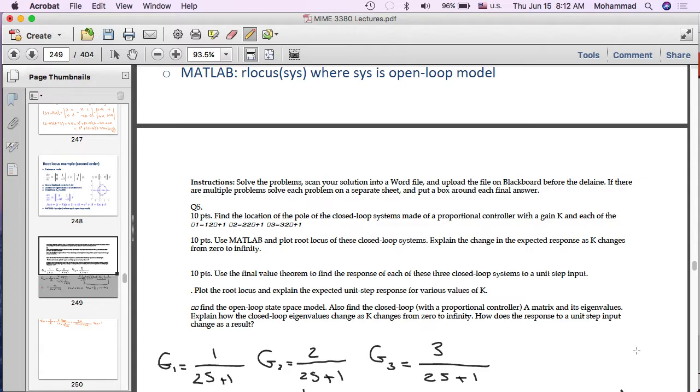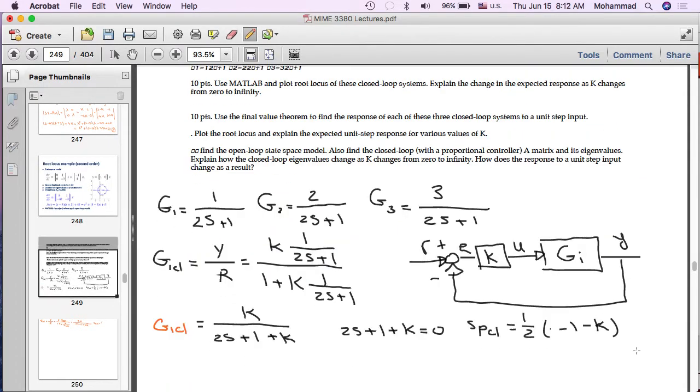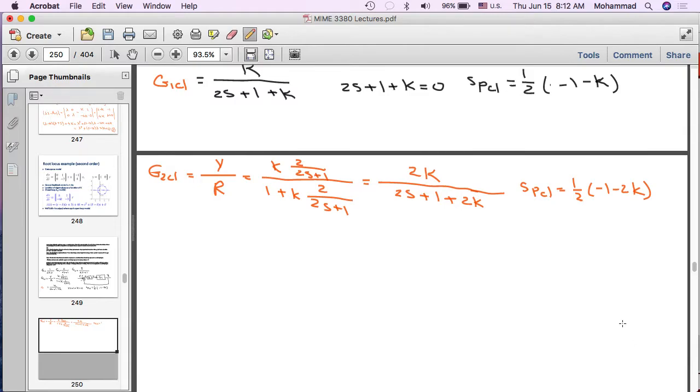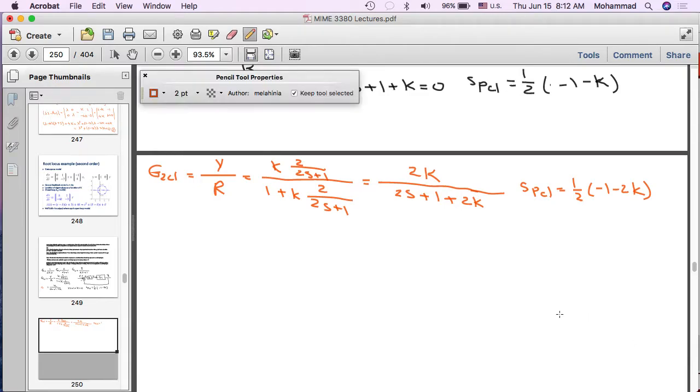Then in the third part, you're asked to use the final value theorem to find the response of each of these three closed loop systems to a unit step input. So if R is 1, which means R in Laplace domain is 1 over S, the question is, what is Y in steady state?